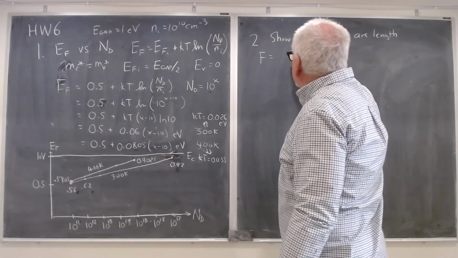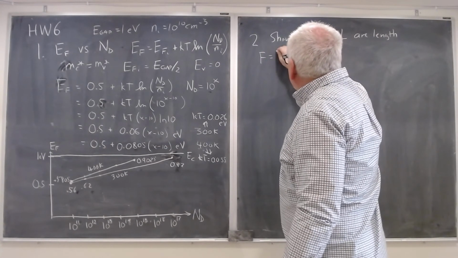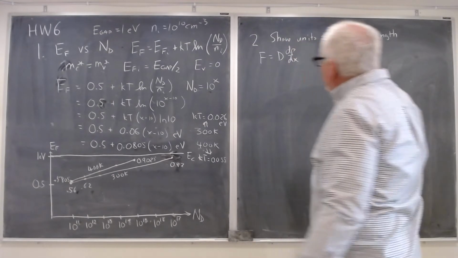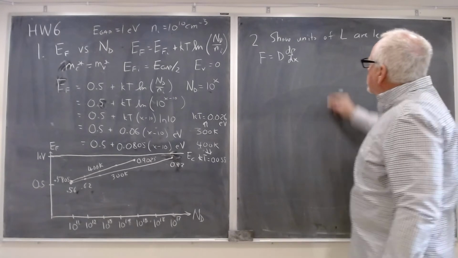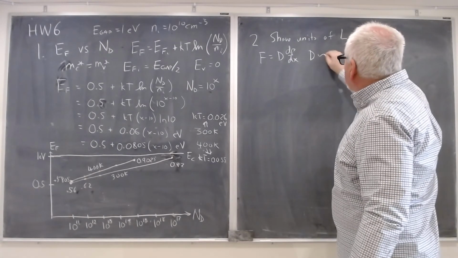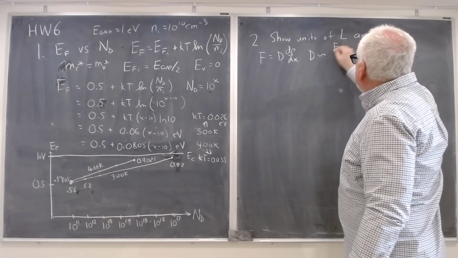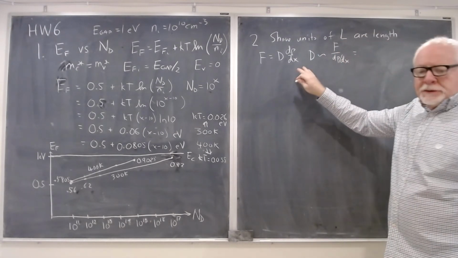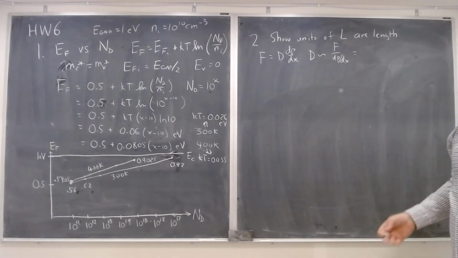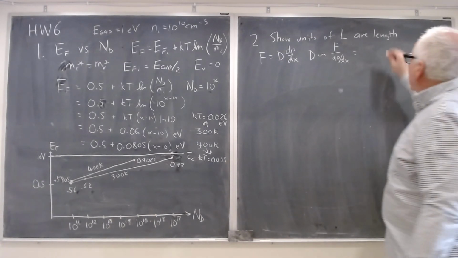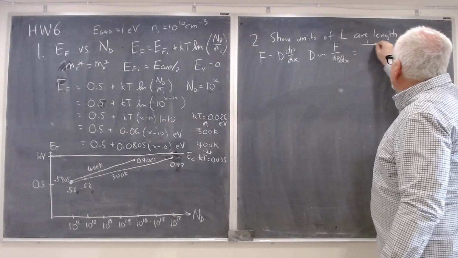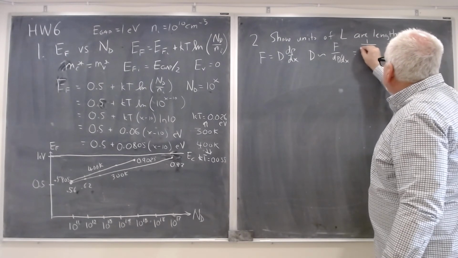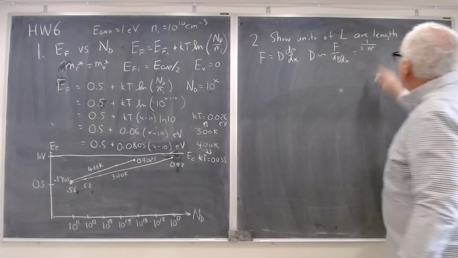Remember our formula: flux is the diffusion coefficient times dP/dx, or dN/dx, it doesn't matter which one you use. And so the diffusion coefficient goes as flux over dP/dx. Now remember flux, that's carriers per unit time per unit area. Carriers doesn't have a unit, of course. So I'll start using MKS: 1 over seconds meters squared.